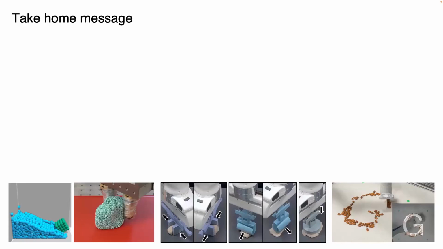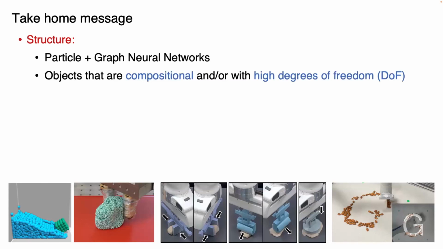So to summarize, in the talk until now, we have discussed the combination of particle representation and graph neural dynamics models to model the dynamics of objects that are compositional and have high degrees of freedom. We have shown very effective use of such models for very complicated tasks like manipulating foams, manipulating object piles, and even making a dumpling using our neural dynamics model.